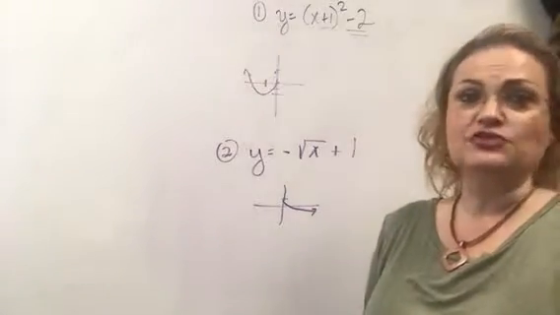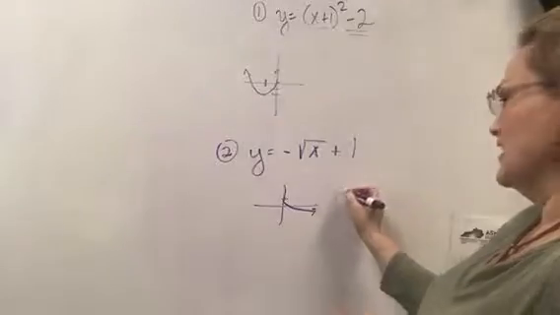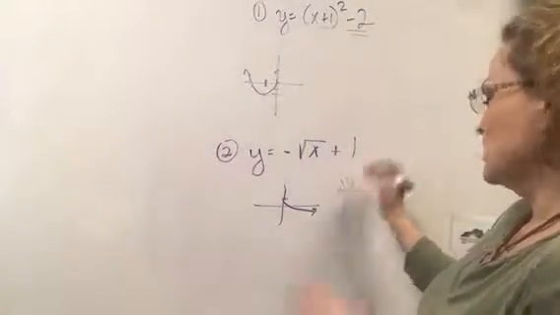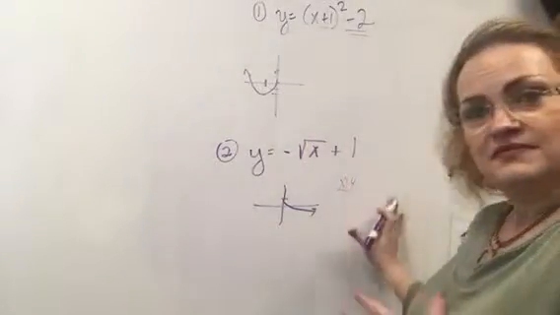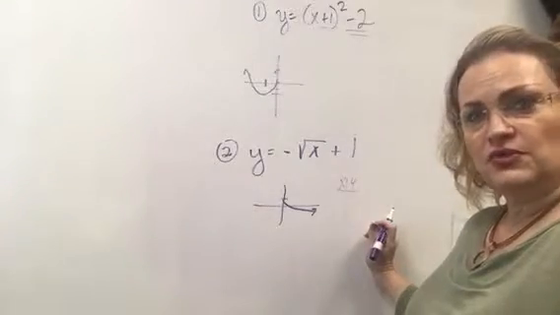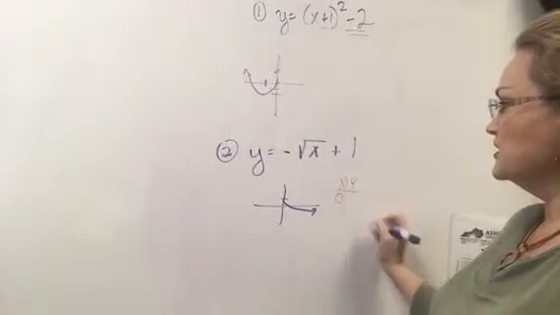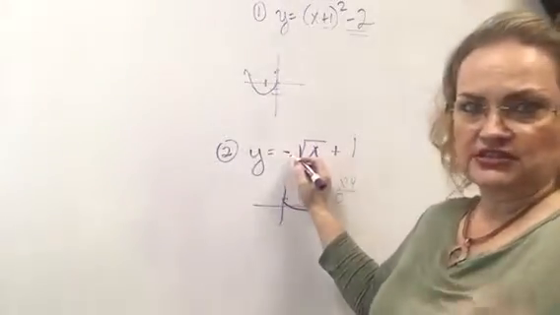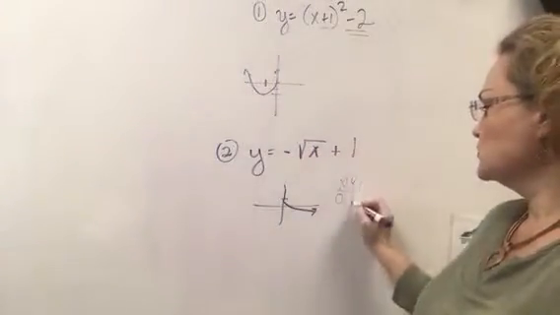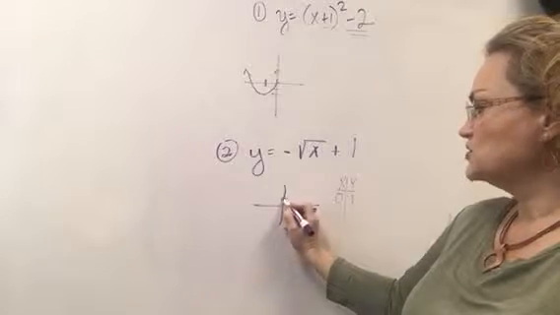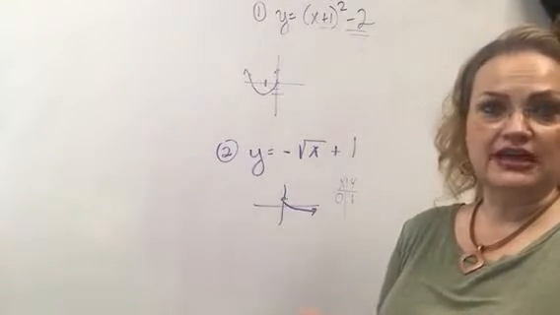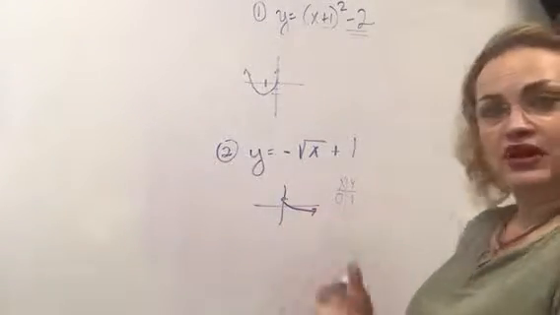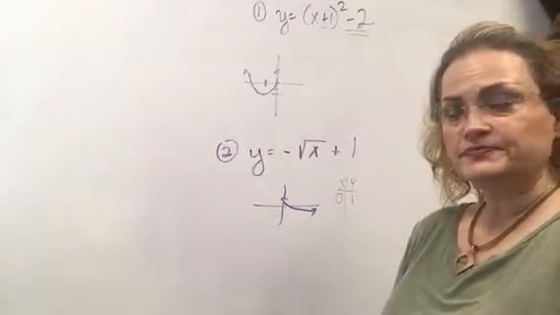And when in doubt, plot a point to make sure you're in the right place. If you plug in 0, the square root of 0, and the negative sign doesn't change that, it's still 0. 0 plus 1 is 1. I should have the point 0, 1 on my graph, and I can see it is. And then you could plot other points and verify that.